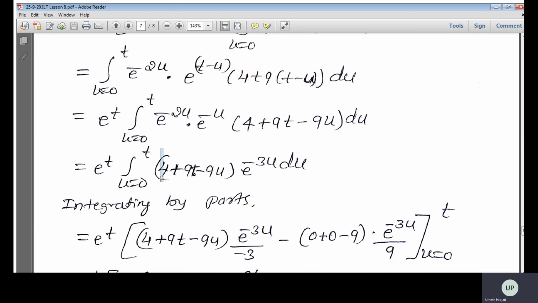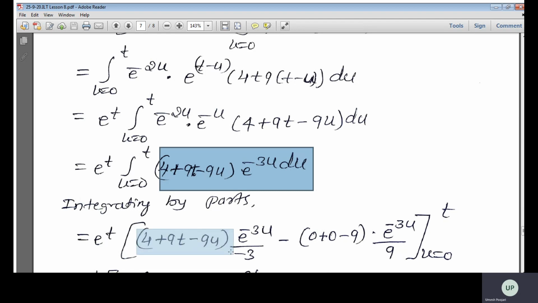So to integrate this particular product, we can apply Bernoulli's rule of integration by parts. You know that by solving examples on periodic functions, you have solved. Right? See, first function you can take as u, and this e raised to minus 3u you can take as v. Then you can apply integration by parts.